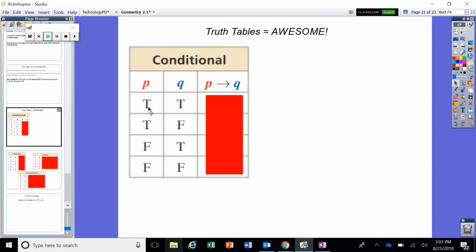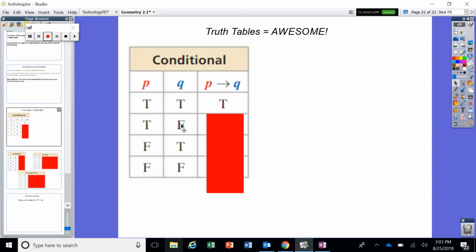When you have a true hypothesis and you finish with a true conclusion, that means your entire conditional statement is going to be true. All right. What happens if you have a true hypothesis, but then you end up with a conclusion that we just know is false?